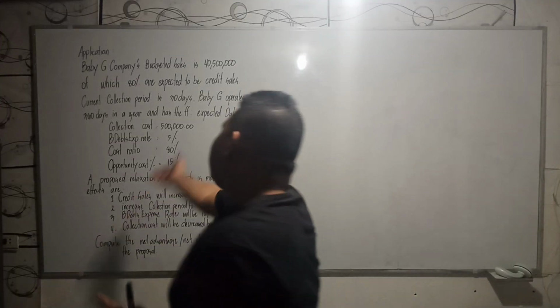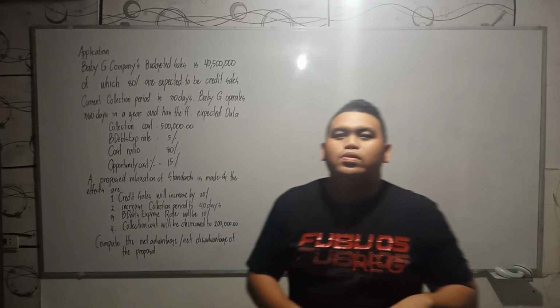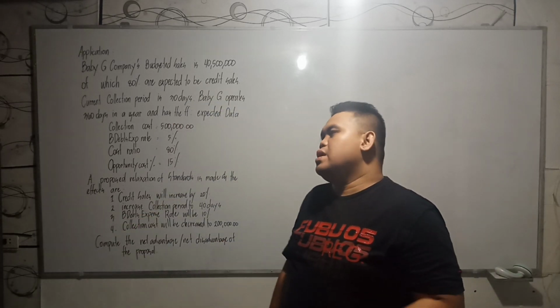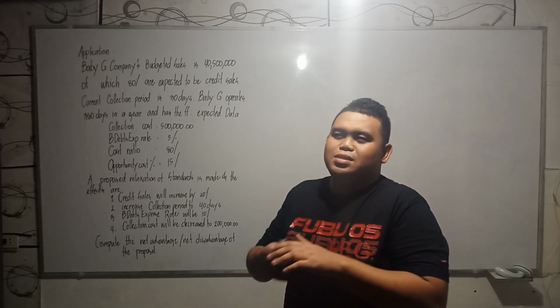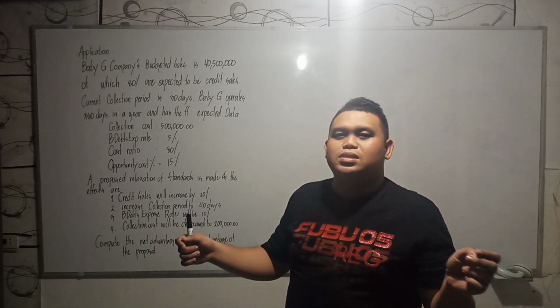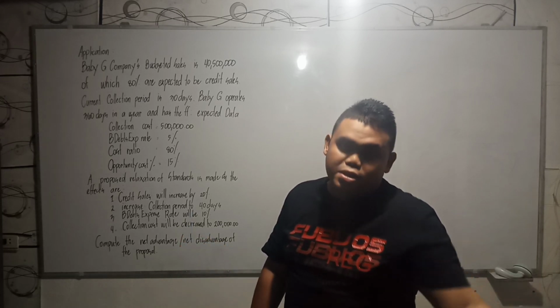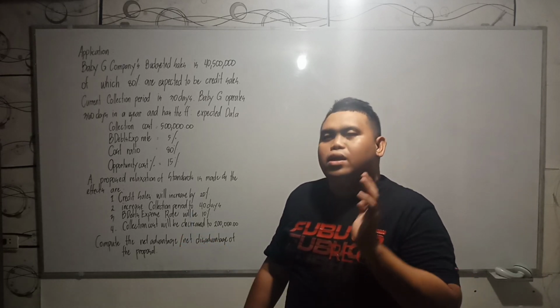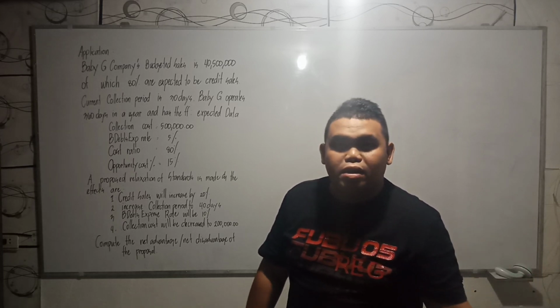Alright. Here's the illustrative problem that we are going to use in order to analyze. Okay? So again, I have already told you about number one. That's knowledge about the advantages and disadvantages of relaxation of standards and the stricter credit standards.